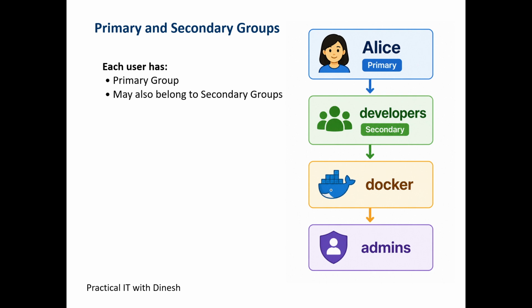For example, suppose Alice develops applications and also manages Docker containers. Now, Alice automatically gets permissions associated with all her groups, when Alice's primary group is developer and her secondary groups are Docker and admin.